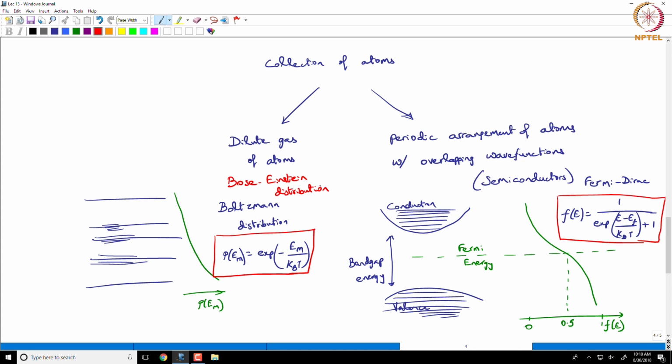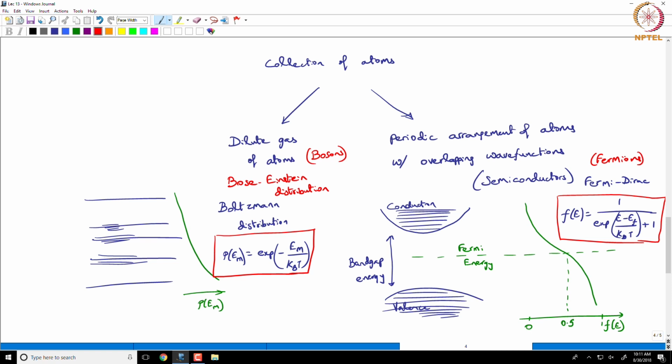So, we will see that we could describe the emission statistics from these dilute gas of atoms in terms of the Bose-Einstein distribution. So, from that perspective, the emission from these are known as bosons, whereas the emission from these are typically called fermions.